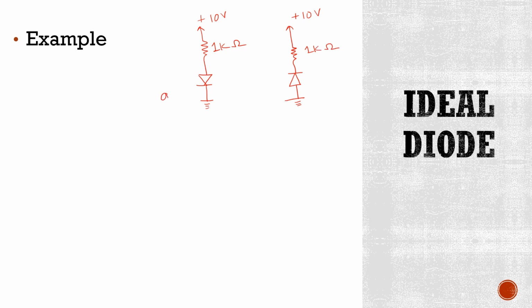This is diode circuit A, this is diode circuit B, this is ground, this is ground.